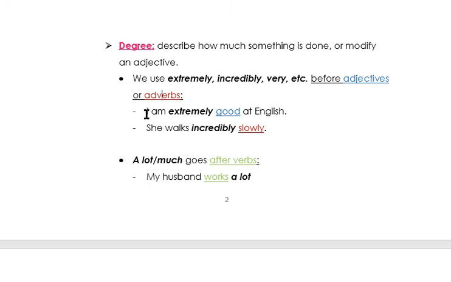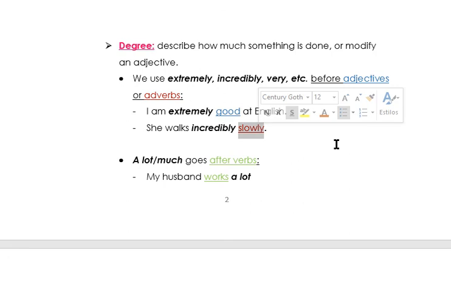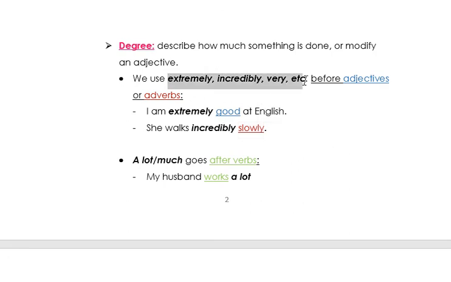For example, I am extremely good at English. She walks incredibly slowly. Ok, tenemos dos adverbios que están modificando un adjetivo y un adverbio. Ok, y generalmente utilizamos estos, y obvio que hay más, antes de adjetivos o adverbios.